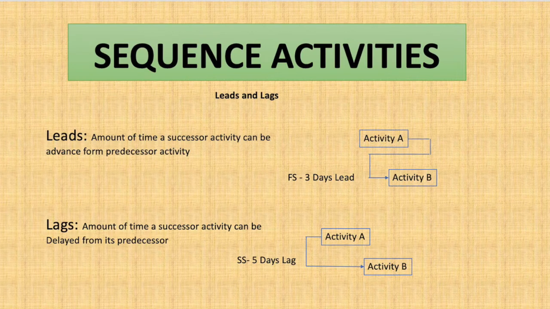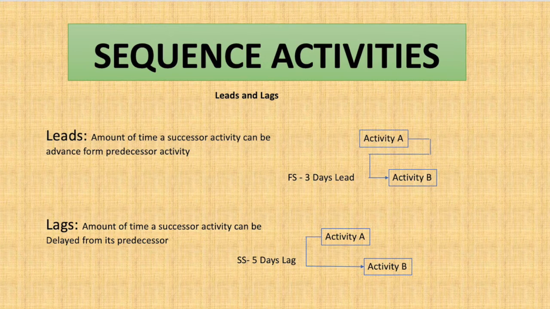About leads and lags. What are leads and lags? This is mostly used when we are scheduling our project. Lead is the amount of time a successor activity can be advanced from its predecessor activity. For example, activity A is a predecessor and activity B is a successor.